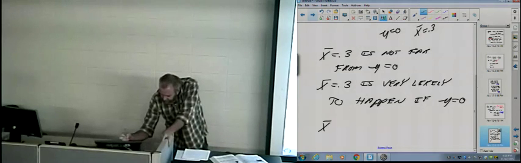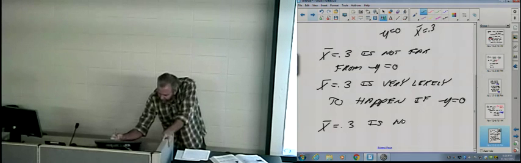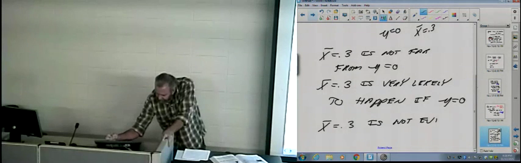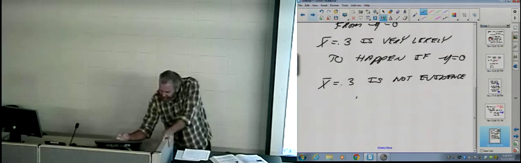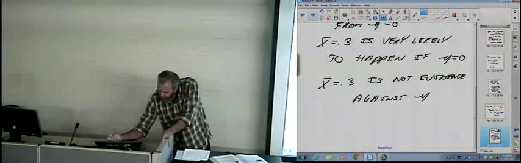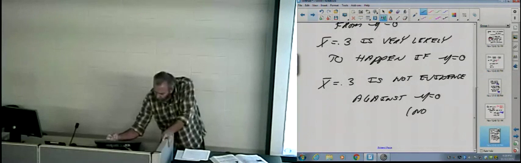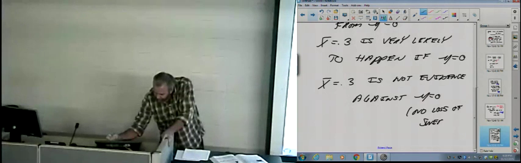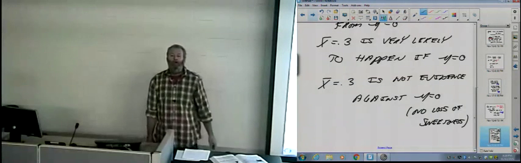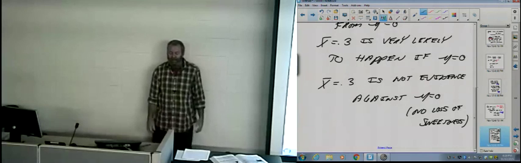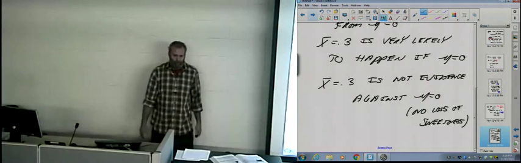X bar equals 0.3 is not evidence against mu equals 0. No loss of sweetness. Remember, we're always looking for evidence against that claim that we're assuming to be true.